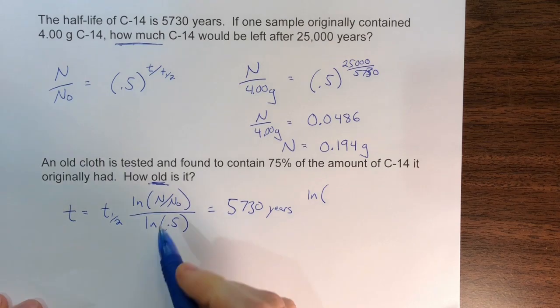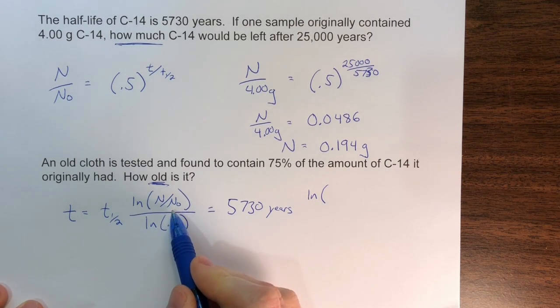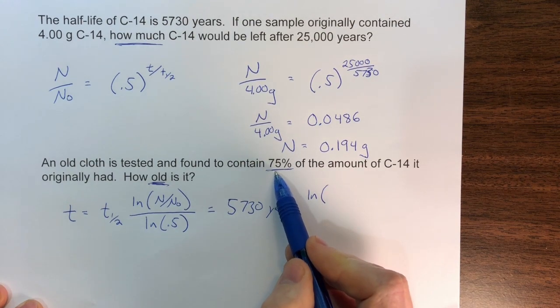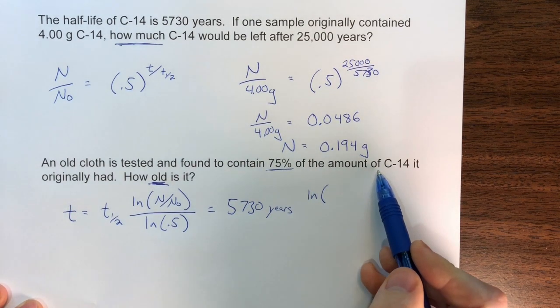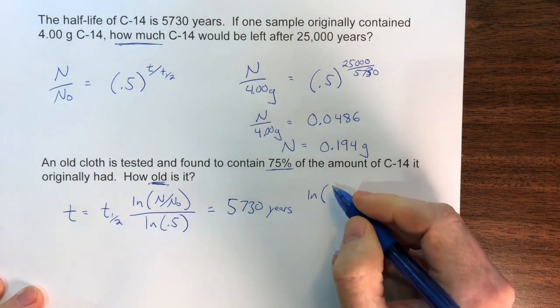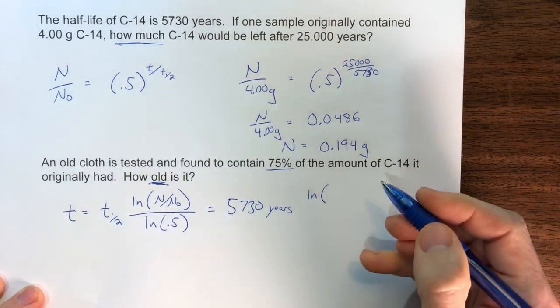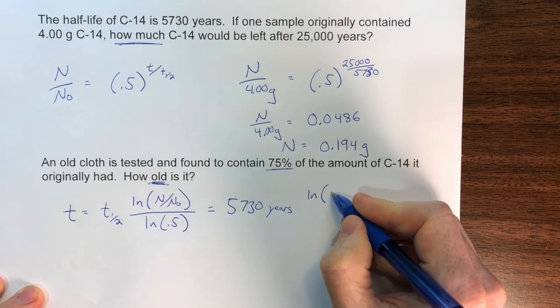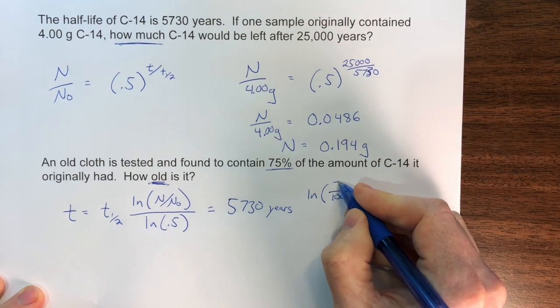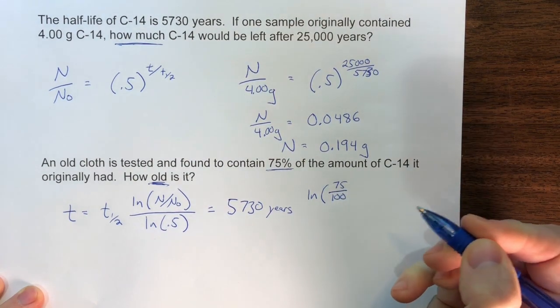What's this N over N0? Well, that's going to be your 75%, okay? You have 75% of the amount of carbon-14 it originally had, which means that if it started with, let's say, 100 grams, then you would have 75 grams after that certain amount of time.